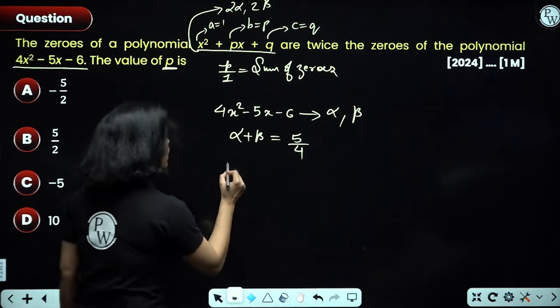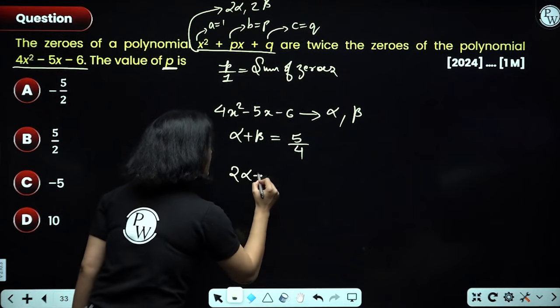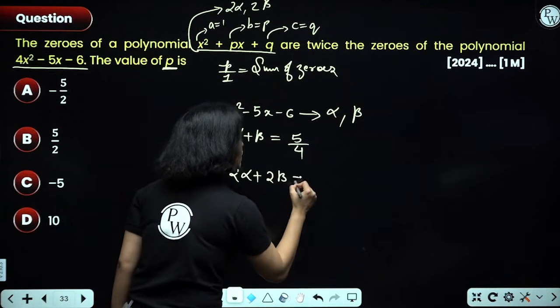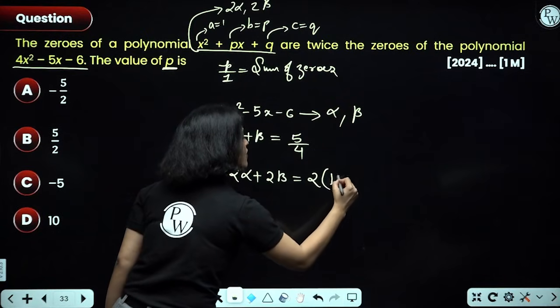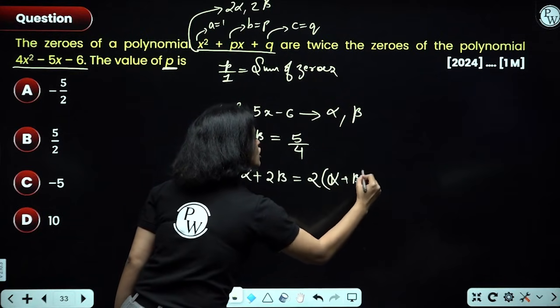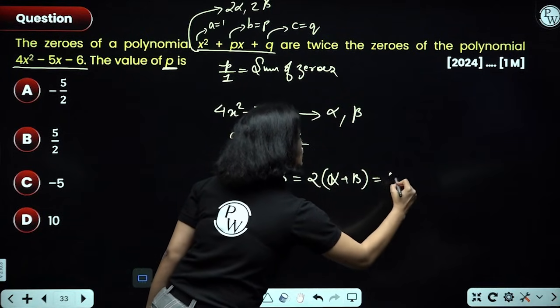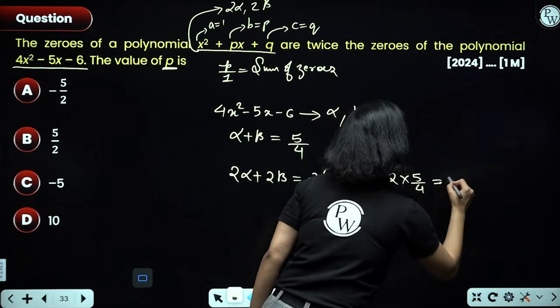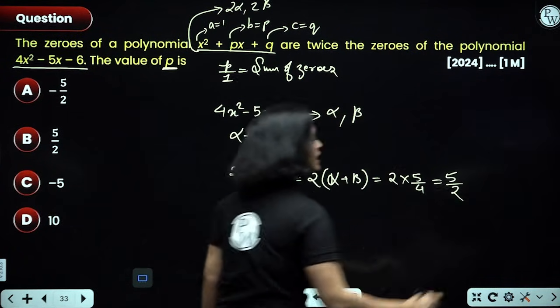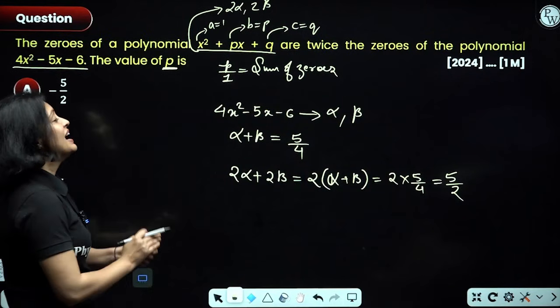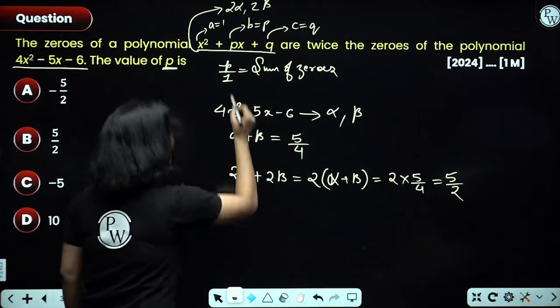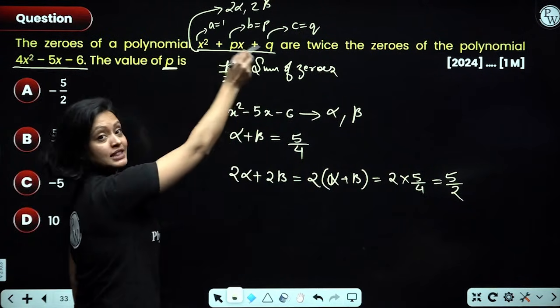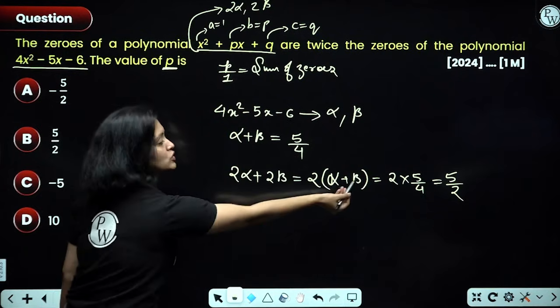Now, I can easily figure out twice of alpha plus twice of beta from here because it would be nothing but twice of alpha plus beta. So that would be equals to twice of 5 by 4, so that would be 5 over 2. Simple? Now, notice that the sum of zeros for this polynomial here would be twice of alpha plus beta.